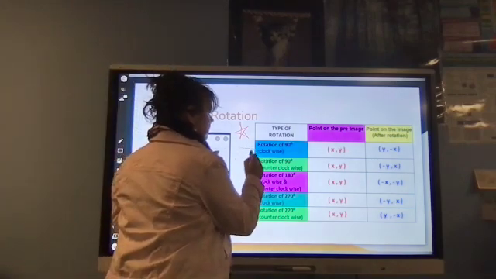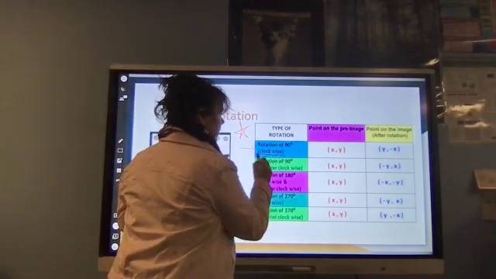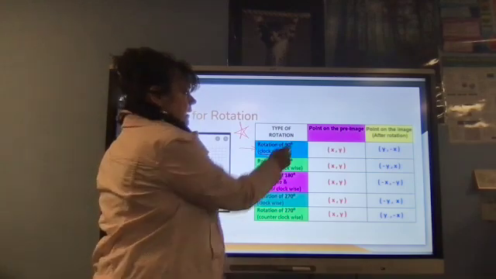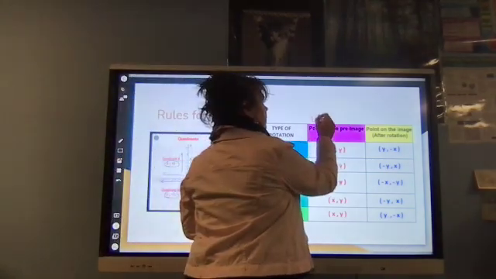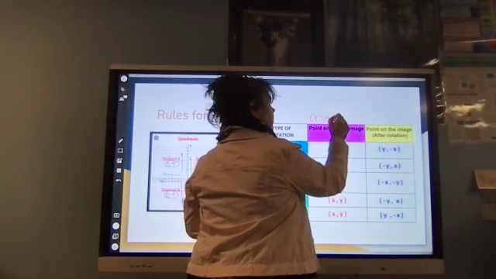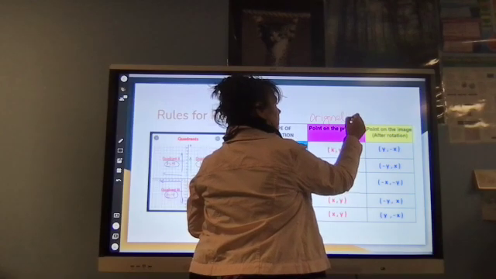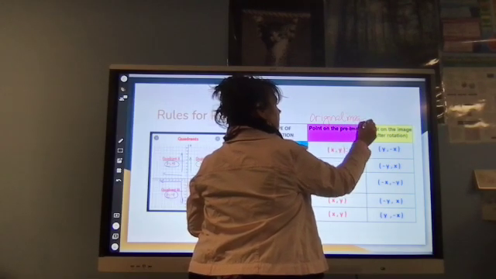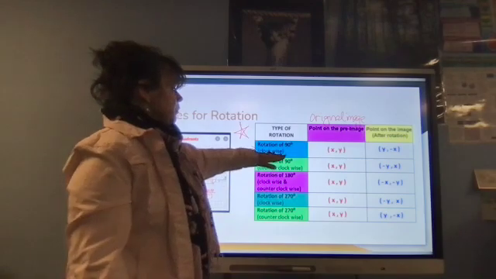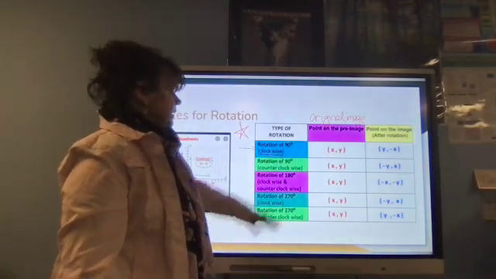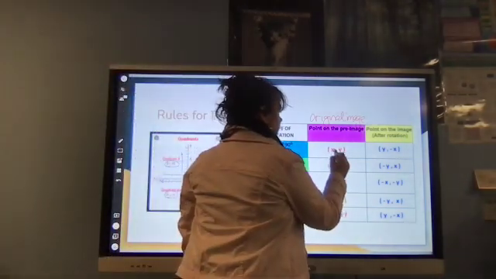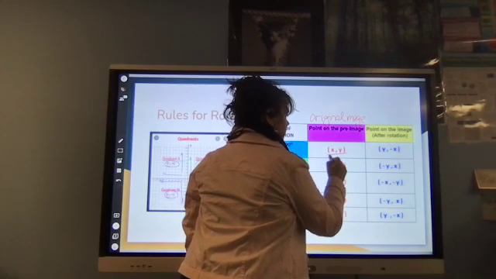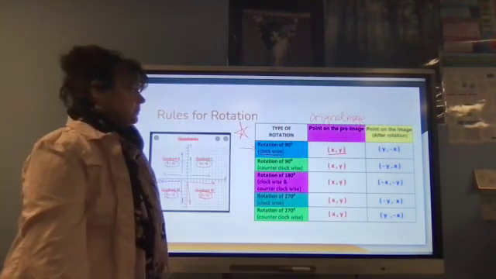For a rotation of 90 degrees clockwise, the point on the pre-image, so remember the pre-image is the original image, is x, y.